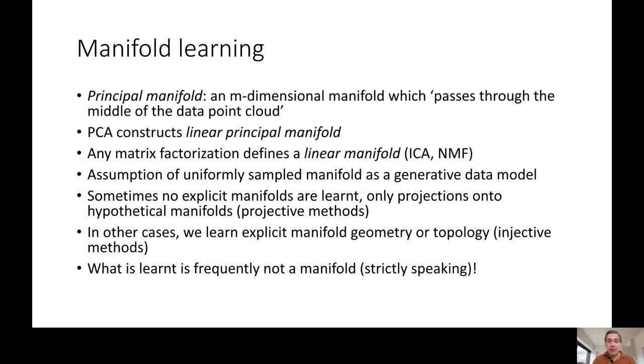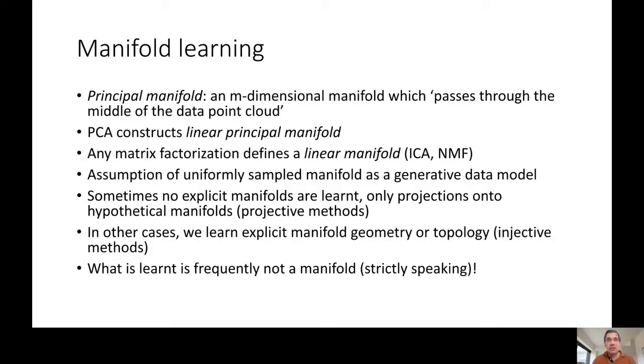So after we applied the injective method, we can in principle get rid of the data, and what we will be left with is the geometry and the topology of the resulting manifold, which we can use even without the data, or we can use it to generate new data which would be located close to the same manifold. And the last remark: we talk about manifold learning, but frequently what a method learns is not strictly a manifold.